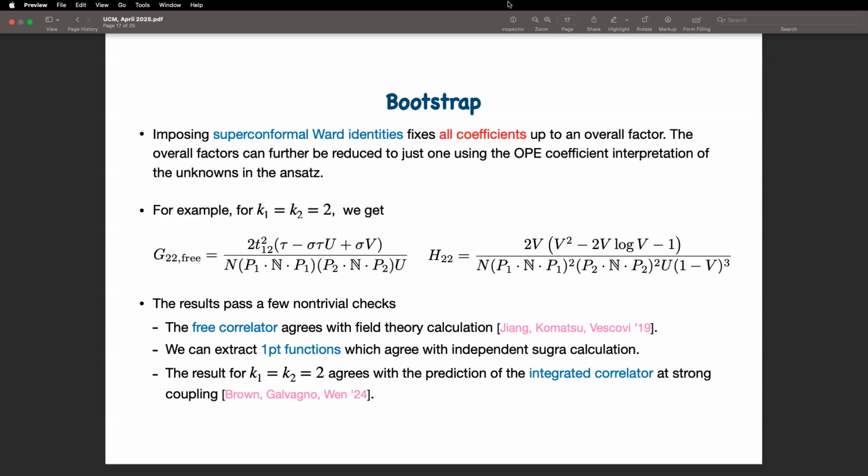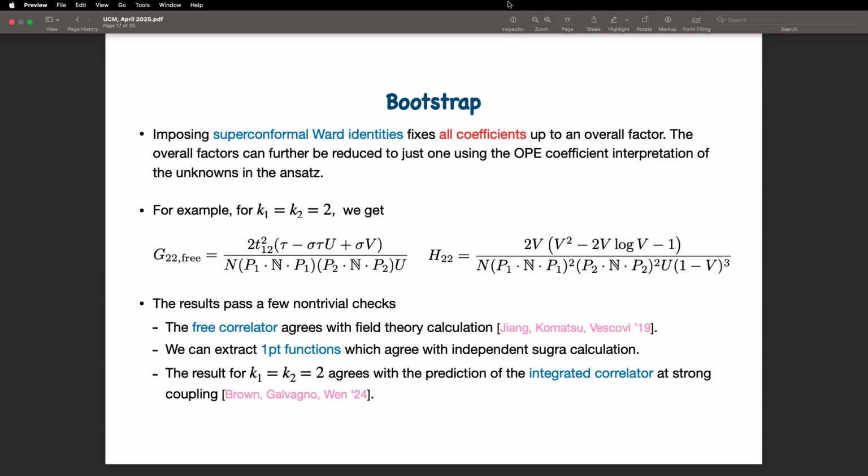From our results, you can obtain the free correlators, but the free correlators are not difficult to compute because you can compute them in the free theory using Wick contractions. This was carried out by these authors for the case where k1 equals k2 equals p, and we find our supergravity calculation agrees precisely with the free theory calculation. So that's the first check.